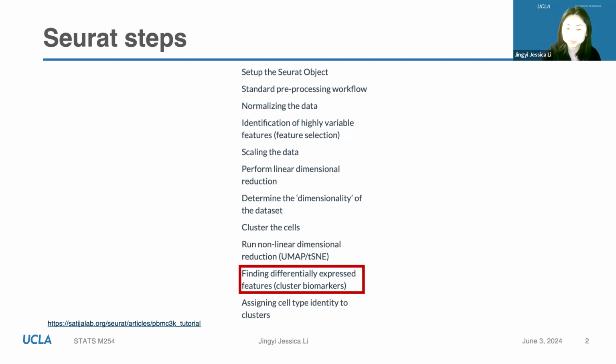Okay, so the goal of linear dimension reduction is that we want to, sorry, I think I skipped this step as well, the highly variable gene. We want to use fewer dimensions than what we already have selected. So for highly variable genes, they are selected after the normalization, and basically we will reduce the total gene number down from, say, for human, we might start with 20,000 genes, and the filtering step to remove unexpressed genes may already remove some of them.